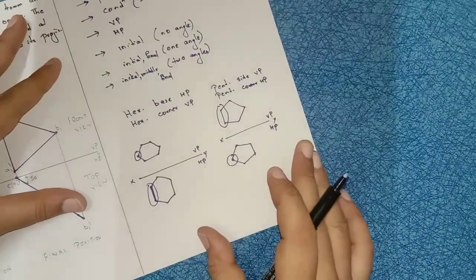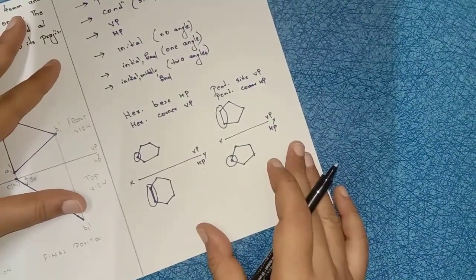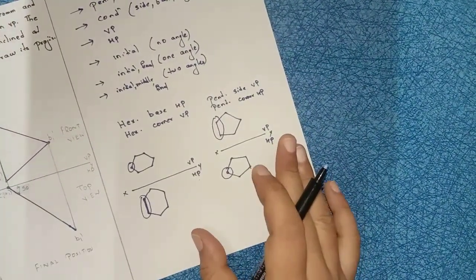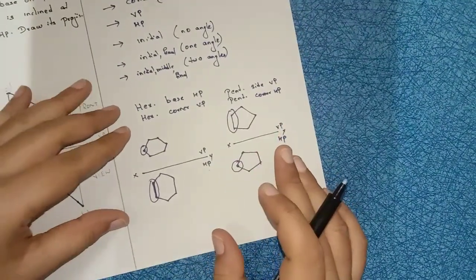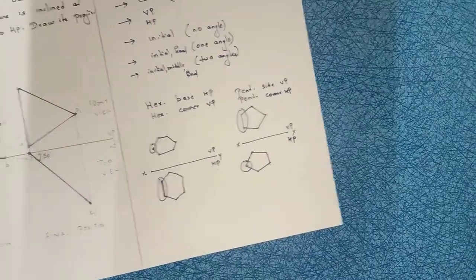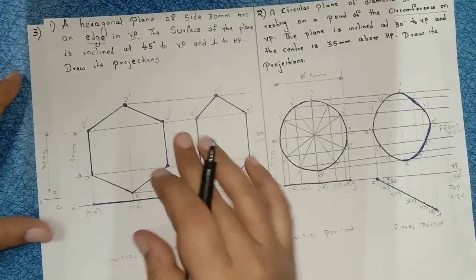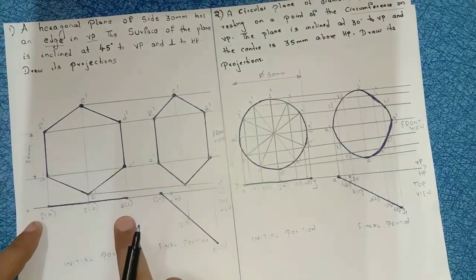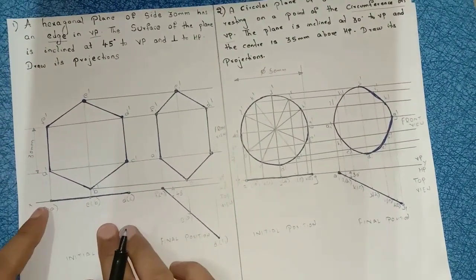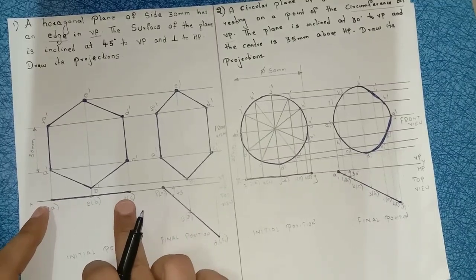You have to remember this first, and observe the question carefully and solve the problems. These problems are very easy. According to the question, first we construct this one, and after that we project this one. Simple. After that, in the question they will mention the angle.